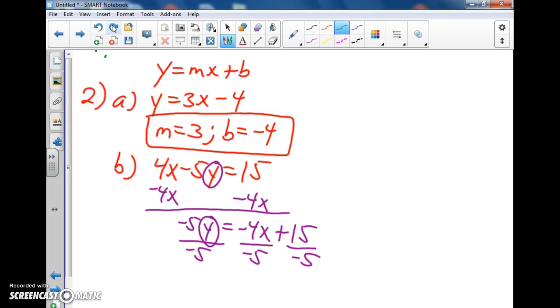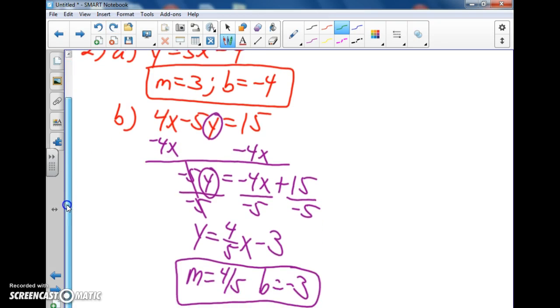Negative 4 divided by negative 5 is positive 4/5, so you get positive 4/5 x, and then 15 divided by negative 5 is negative 3. Very good. So our answer becomes that m is 4/5 and b is negative 3. There you go.